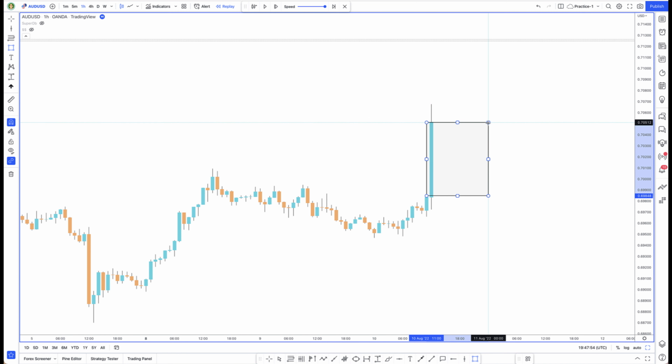This is not the truest form of a price gap. There is still price data in here, but it is a gap which is not covered by either side.